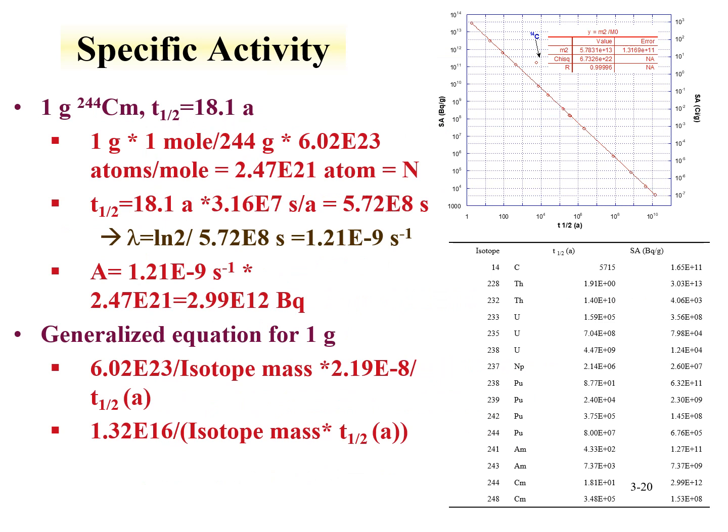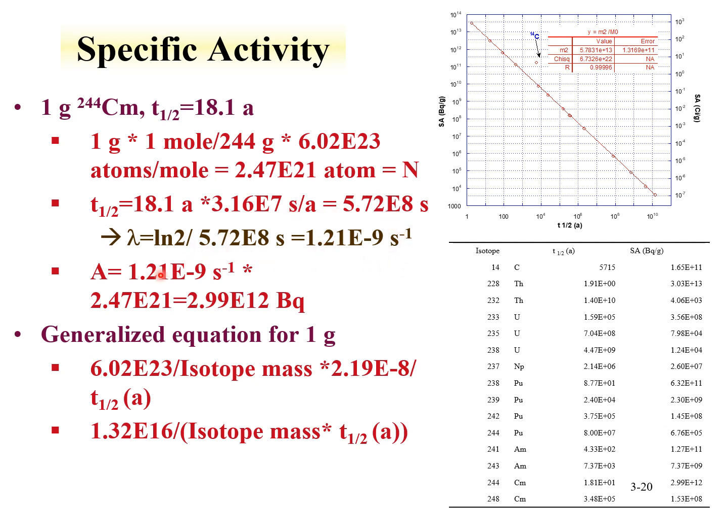If we look at some other isotopes, for the specific activity of a gram of curium-244, the half-life is 18.1 years. For 1 gram, we get the number of atoms from the atomic mass of 244 grams per mole times Avogadro's number. We convert the half-life from years into seconds, so we get a decay constant listed here.